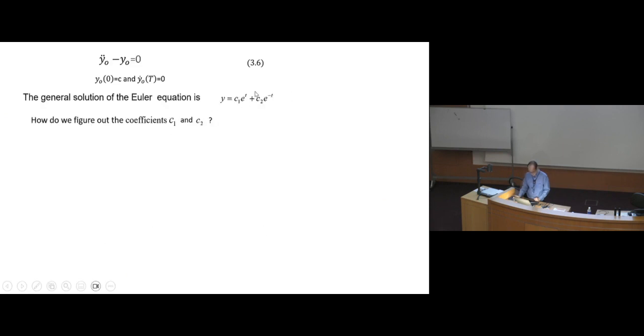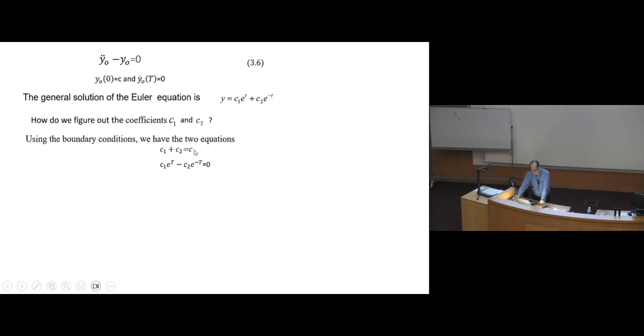Okay, once we are here, then we know how we're going to find the two coefficients. We have the two conditions, right? So using the two boundary conditions, we will have two equations. If you put t equals 0, that should equal c.